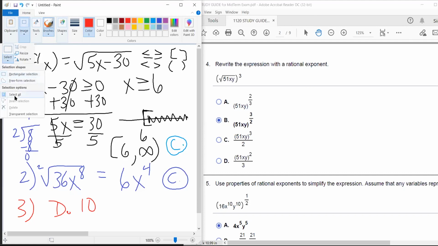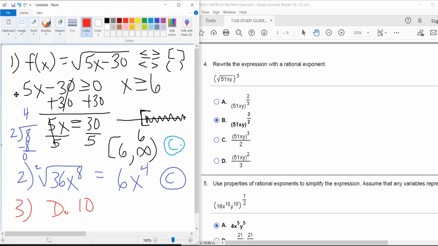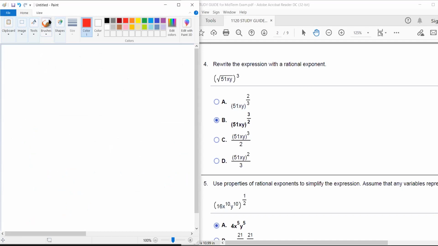Question 4, rewrite the expression with a rational exponent. That just means rewrite using a fractional exponent. So we have the square root of 51xy, and that's all raised to the 3rd power. Well, the given radical, even the given root, I'm sorry, is root 2.